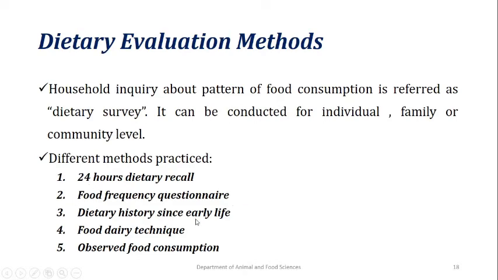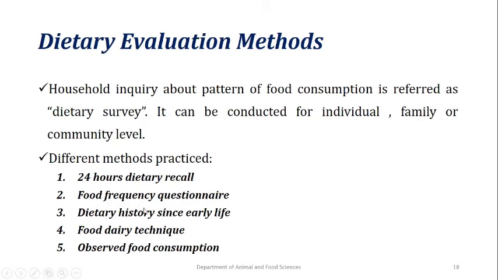Okay, in food frequency questionnaires, we provide a questionnaire. Then the questionnaire includes all the food varieties available in the country or that region. Then the individual is asked to provide information about what type of food he has eaten, what is the frequency of taking the food, and how much he consumed.